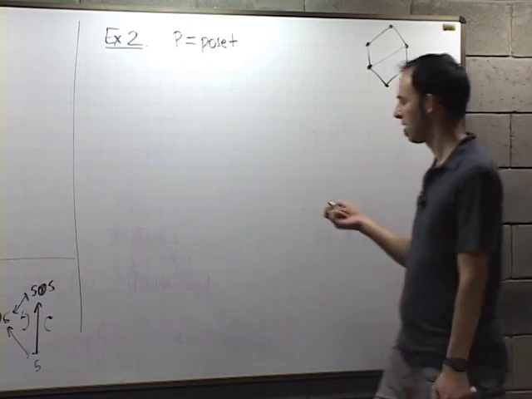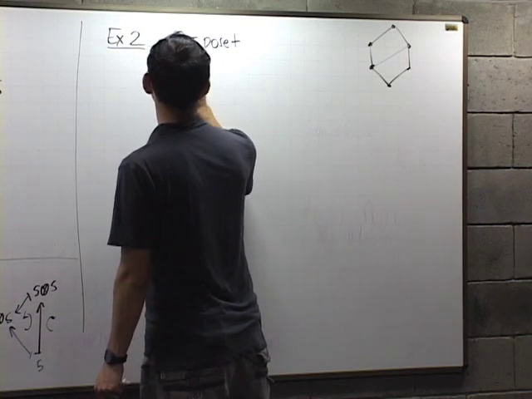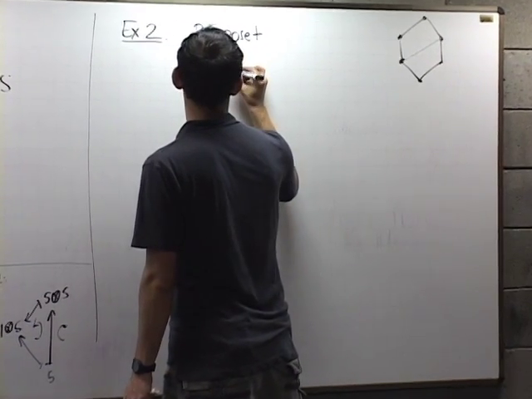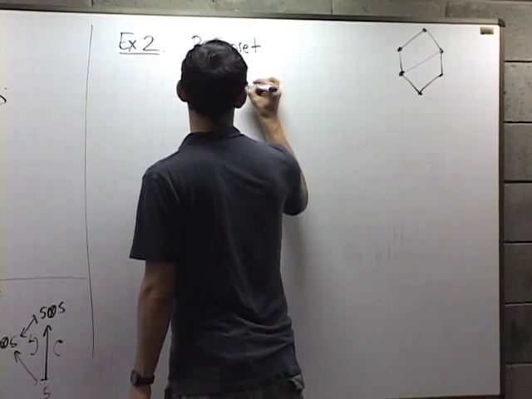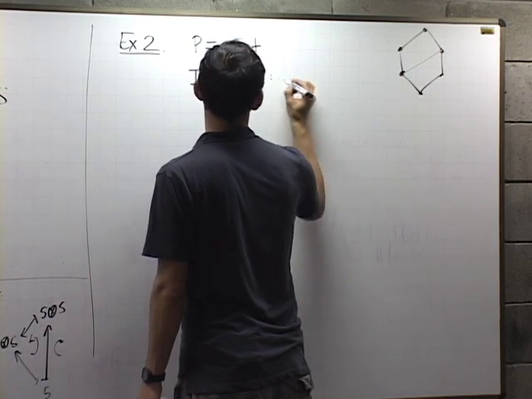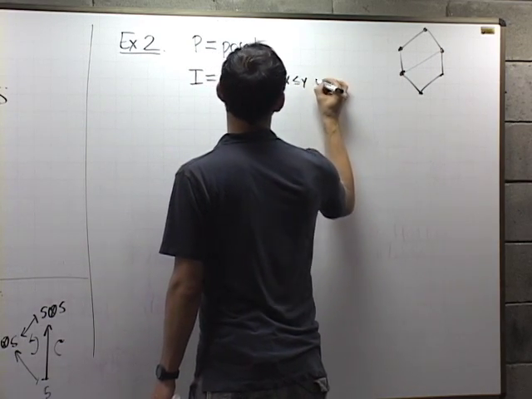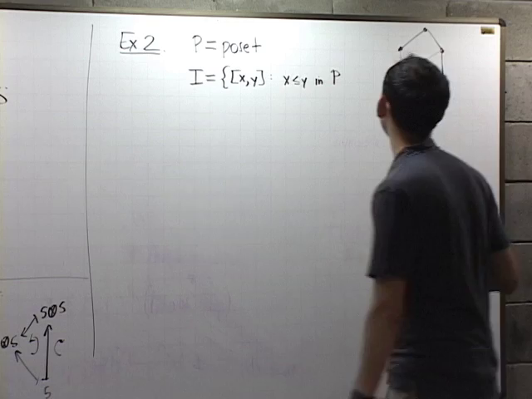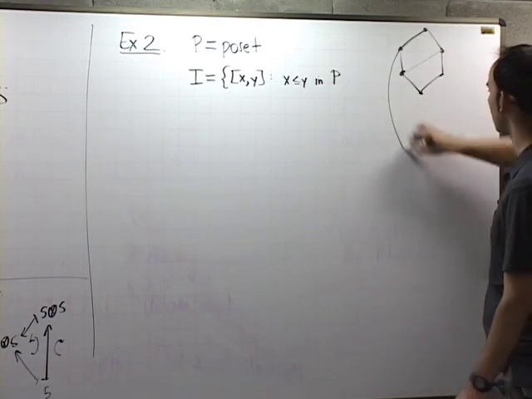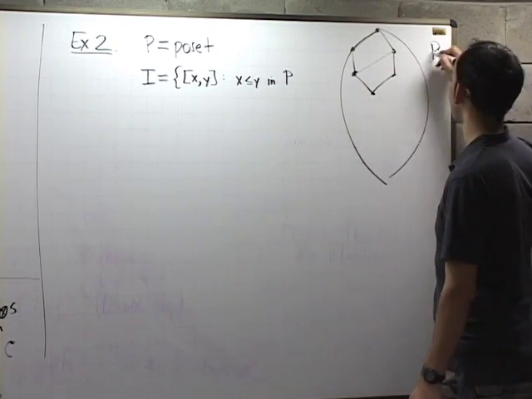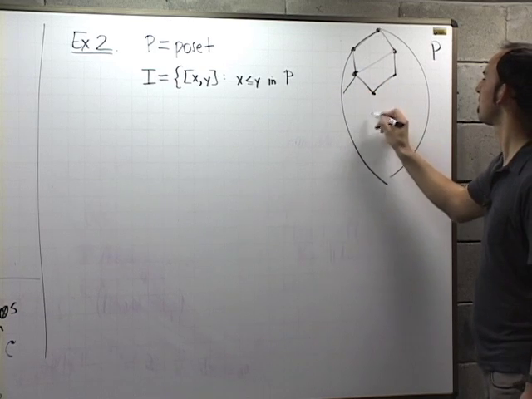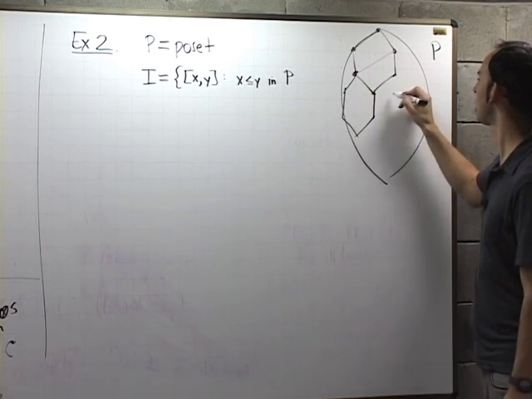So P is a poset, and I'm going to consider I to be the set of intervals [x, y]. So what is an interval? Well, I like to draw my posets like this. Here's a poset. Maybe it keeps going like this.